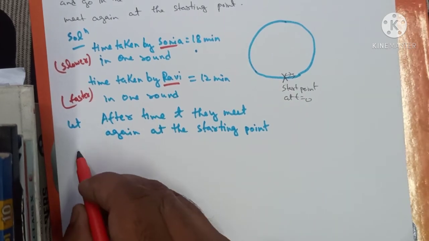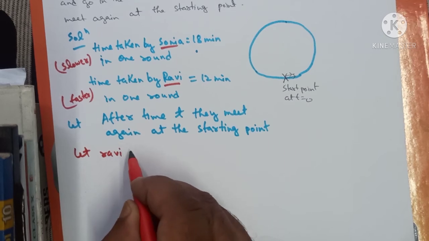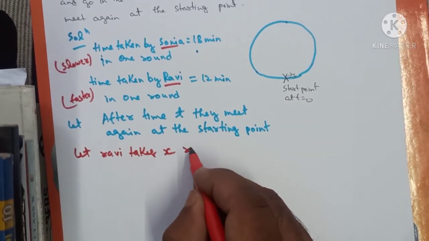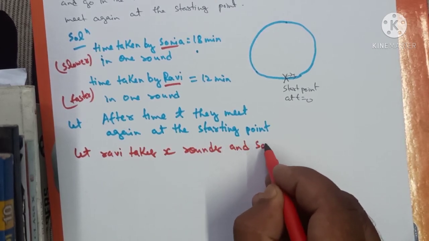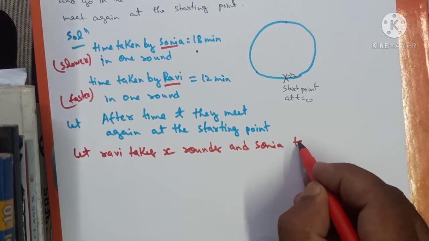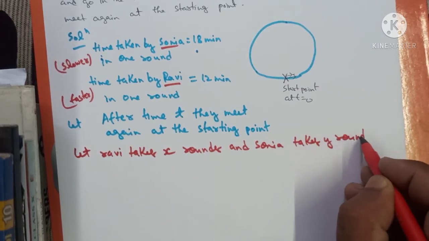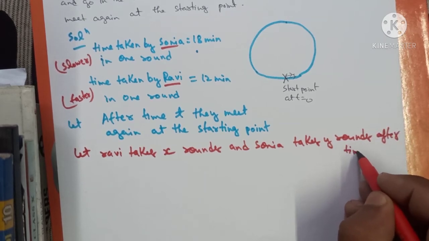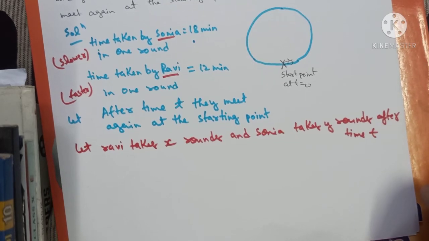So let's say Ravi takes X rounds and Sonia takes Y rounds after time t.